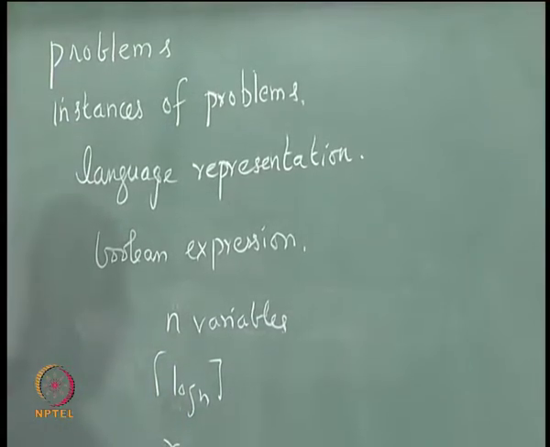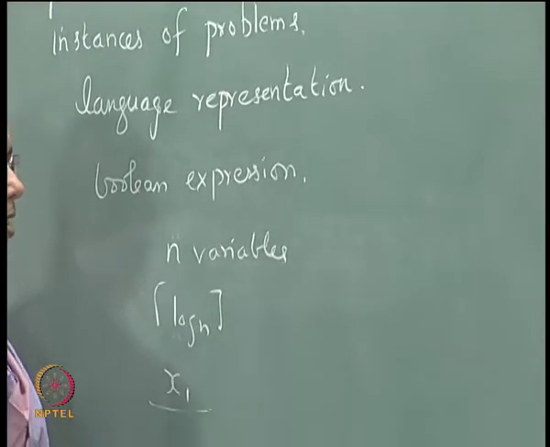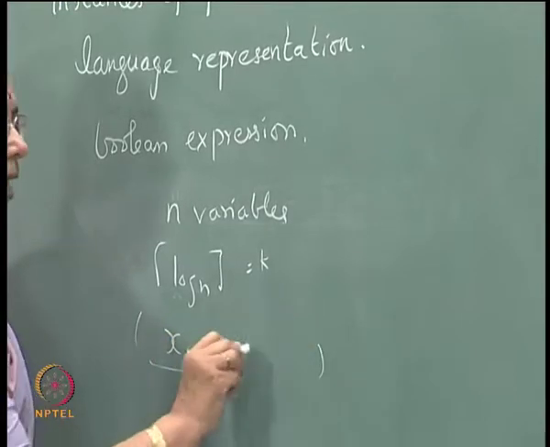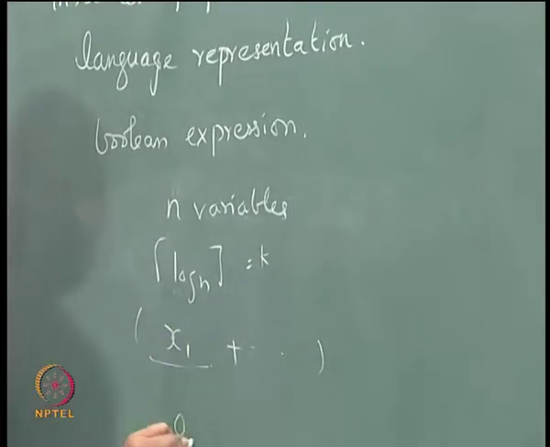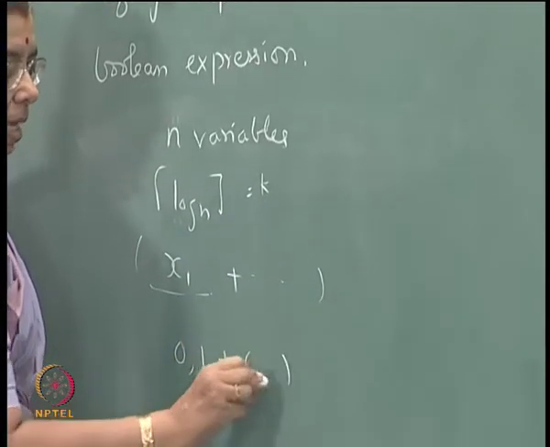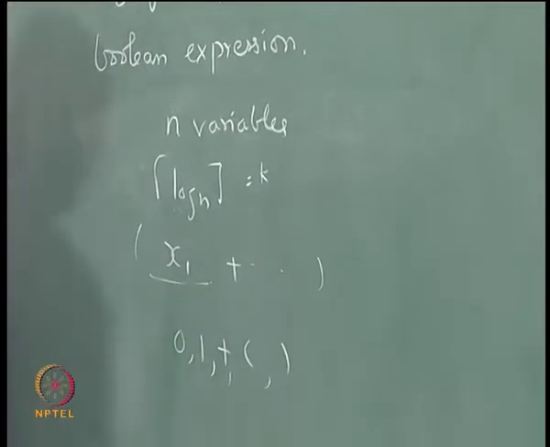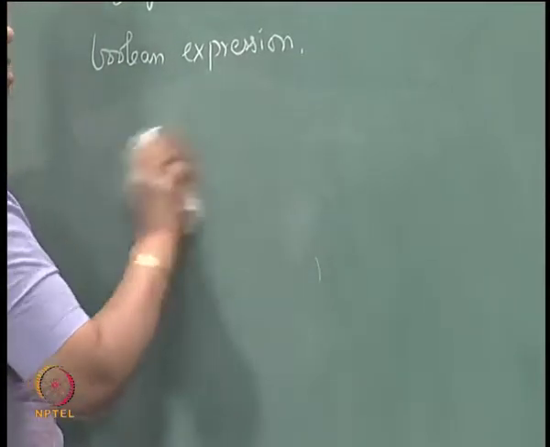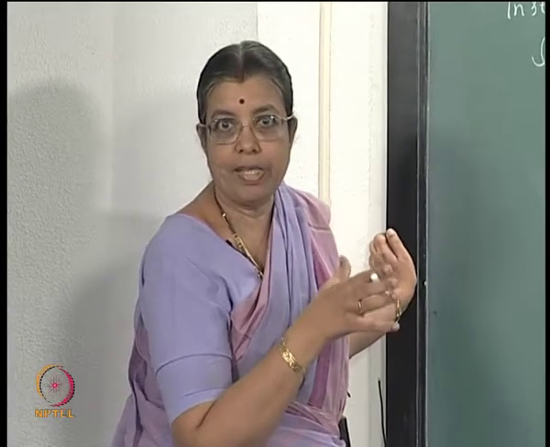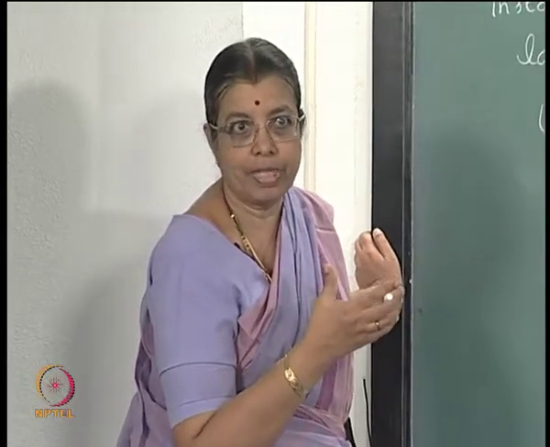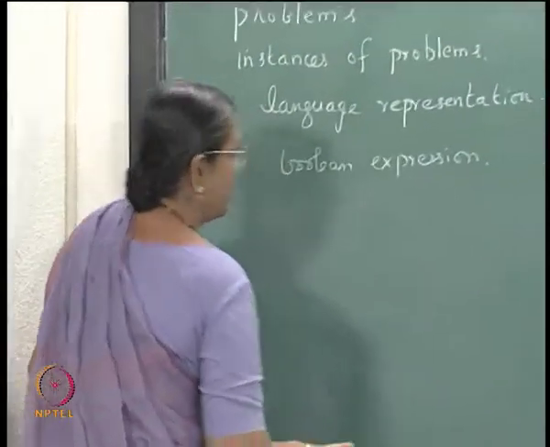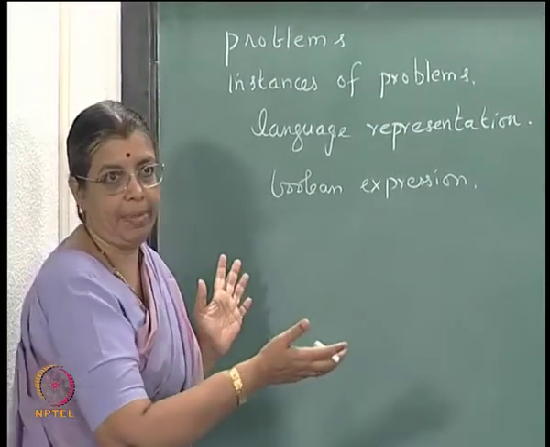So, one variable you can represent using some k bits, and then you can use brackets, you can use the symbols 0 1 for representing this plus symbol, then parenthesis and so on. With these symbols you can write a string, and you can have a Turing machine which will accept those strings which evaluate to 1 and which will not accept those strings which evaluate to 0. Like that you can have a Turing machine. So, this is a decidable problem, but as a language accepted.